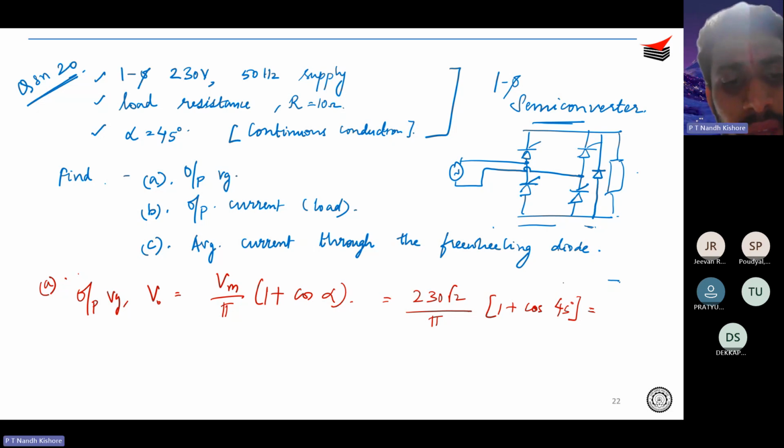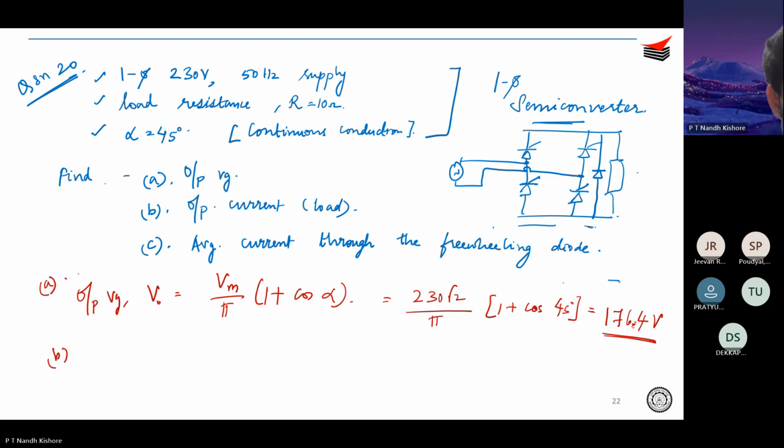Cos 45 is 1 by root 2, so 1 plus 1 by root 2 into 230 root 2 by pi. You should end up with around 176.4 volts. If you get a different answer, please stop me and tell me.